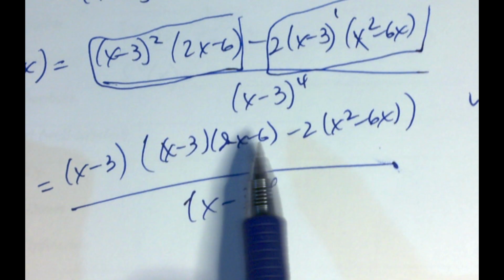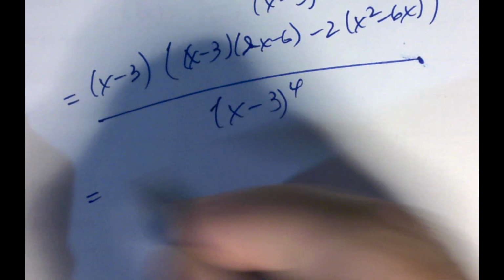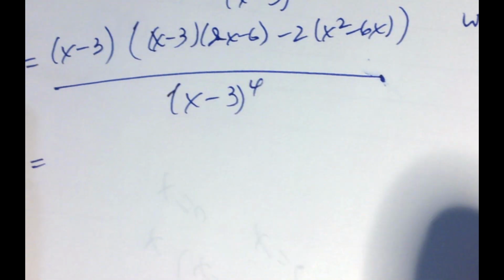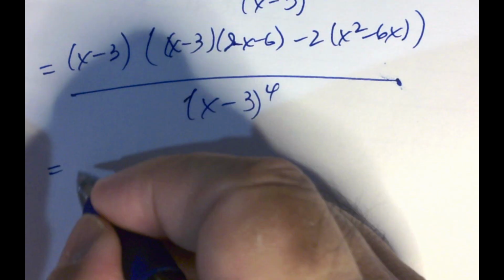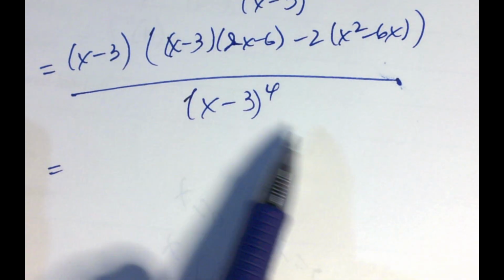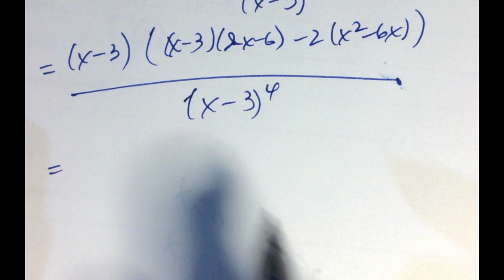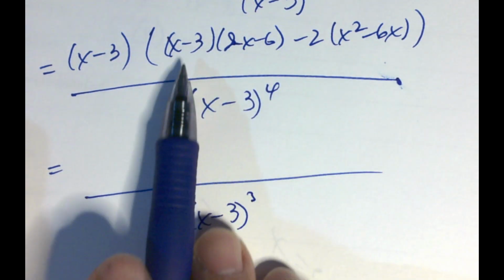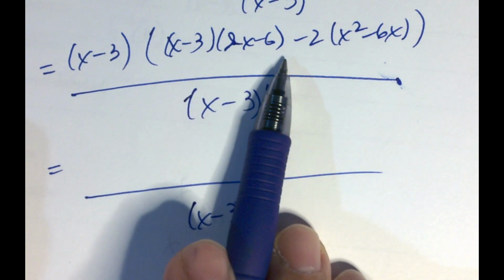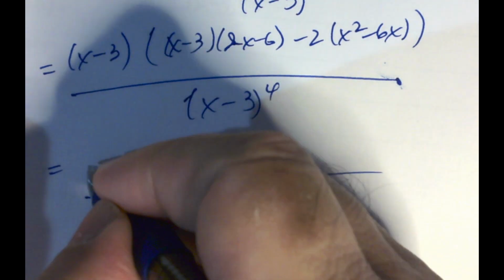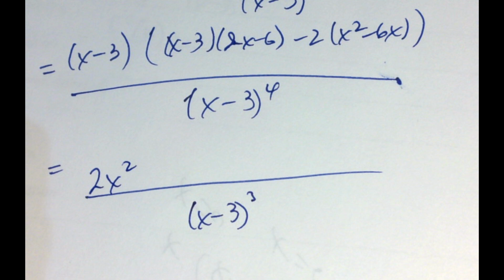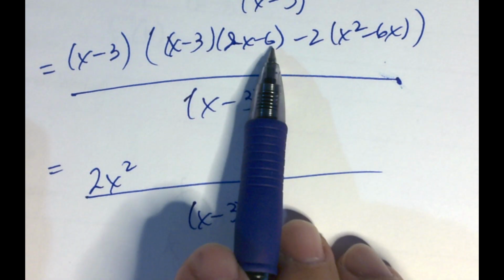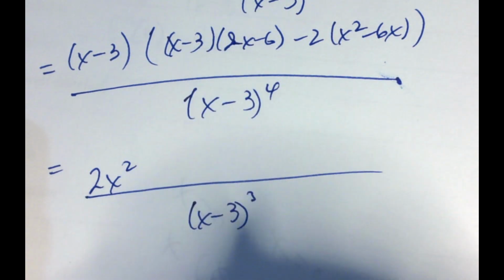All right, now I'm going to clean that up. Here, I'm going to cancel the x minus 3 and x minus 3 to the fourth, leaving me x minus 3 cubed in the denominator. So I've got to multiply x minus 3 times 2x minus 6. That's going to be 2x squared minus 6x minus 6x, making it minus 12x.